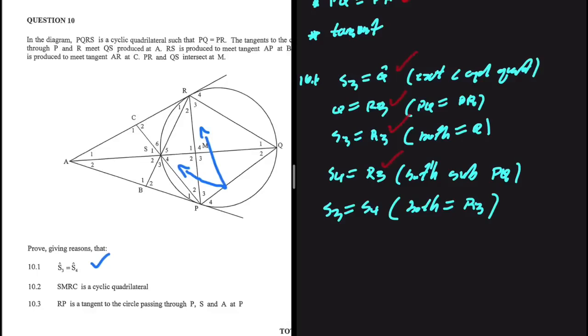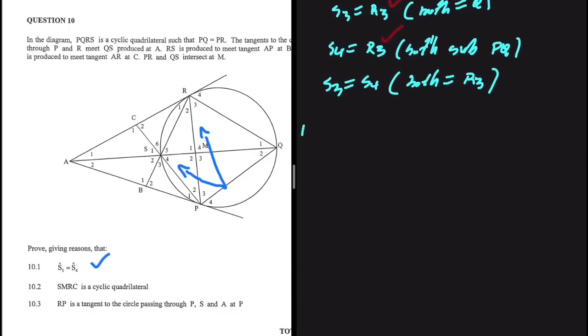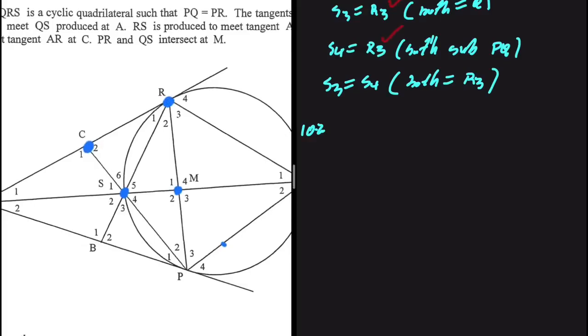Let's move forward and do 10.2. Let's prove that SMRC is a cyclic quad. Let me go ahead and highlight SMRC. So I have S, M, R, C. Let's make sense of this question.